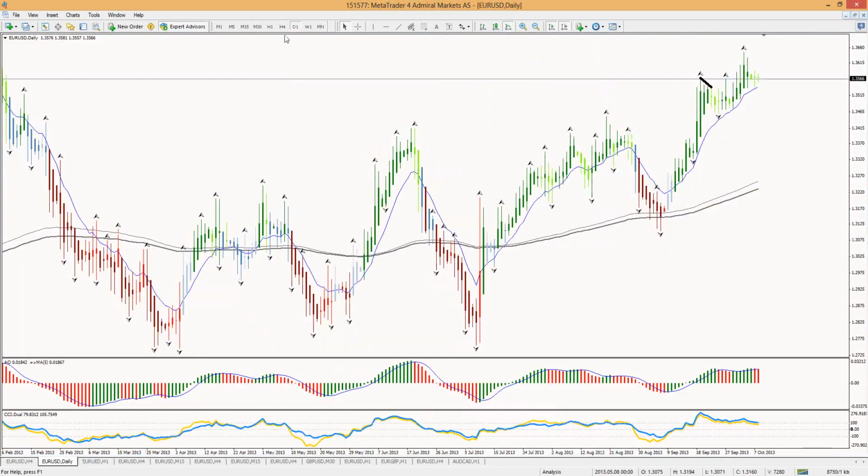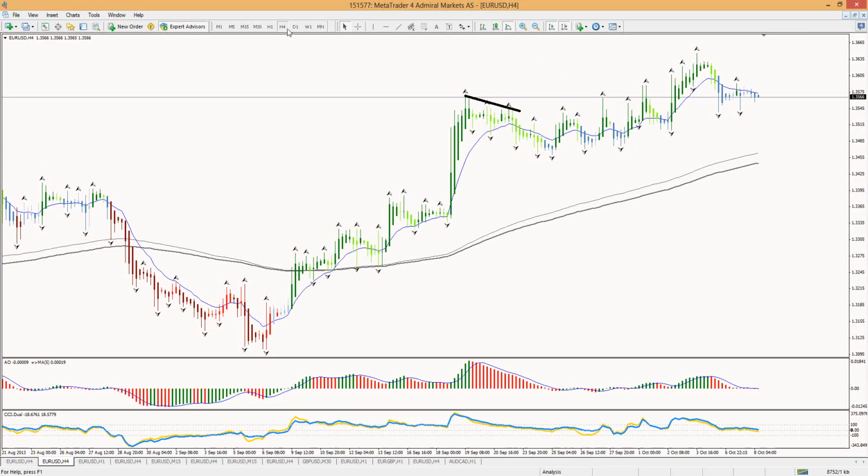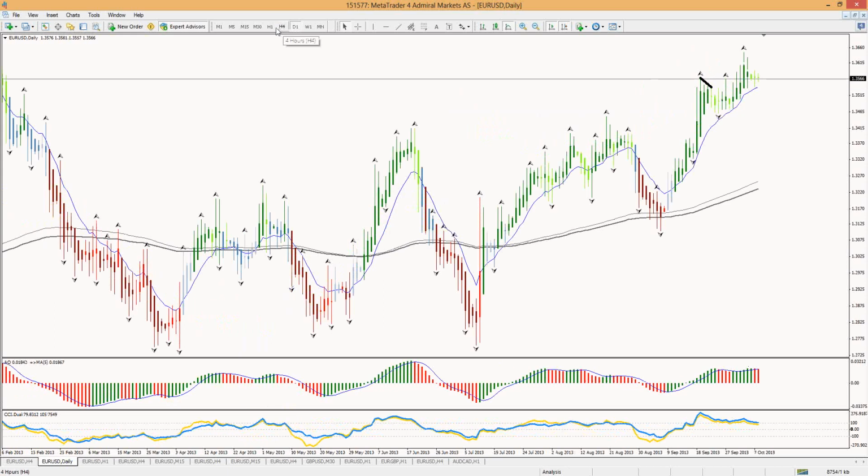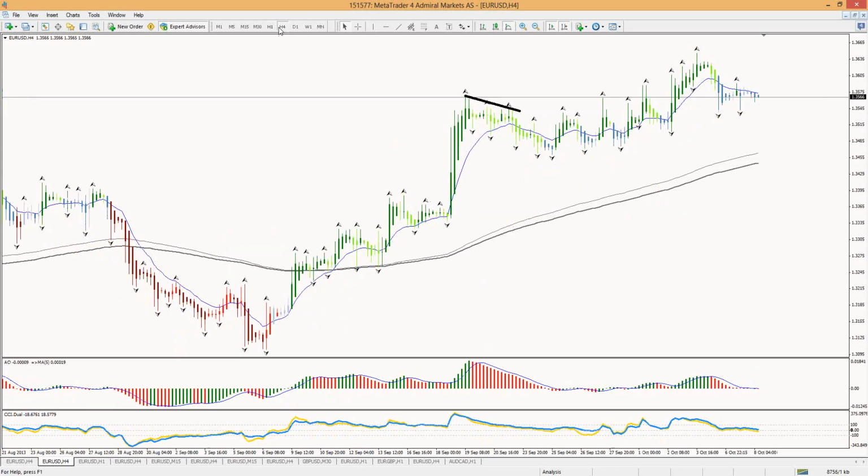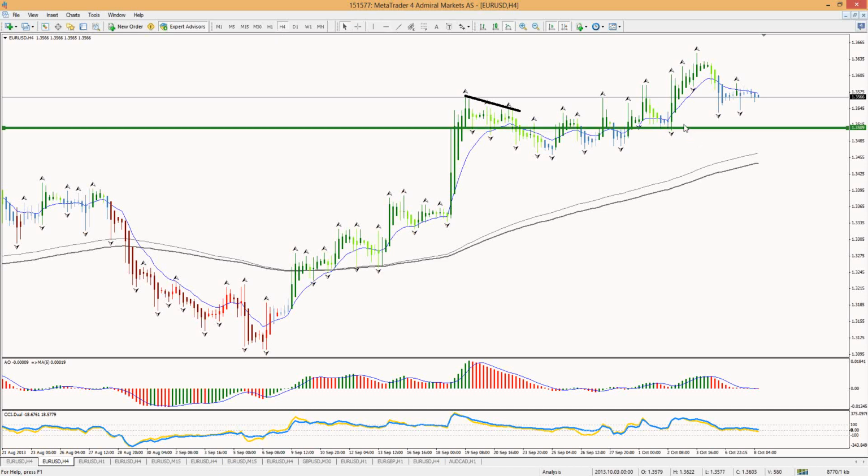Now, mind you, of course, the daily chart is definitely still an uptrend, but we can see clear reversal signs. So this is a reversal trade, in my opinion, because we're still above 4-hour support. You can see here, 4-hour support at 135.